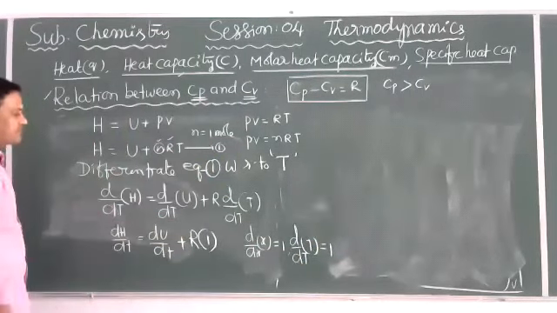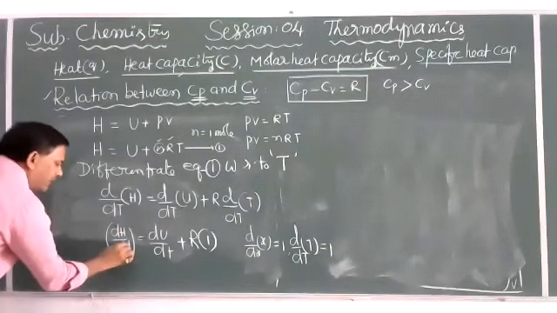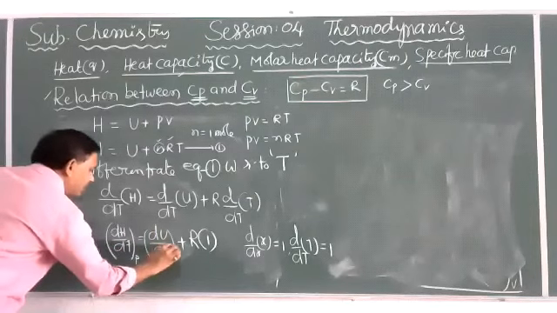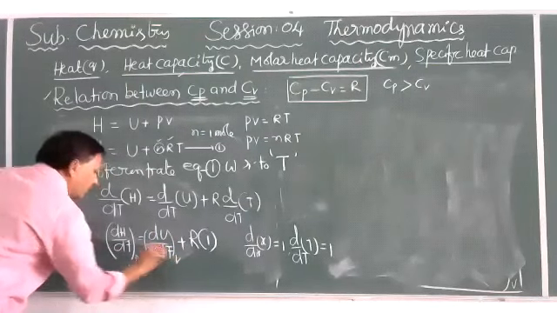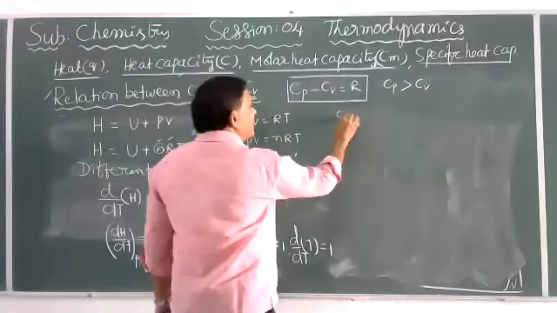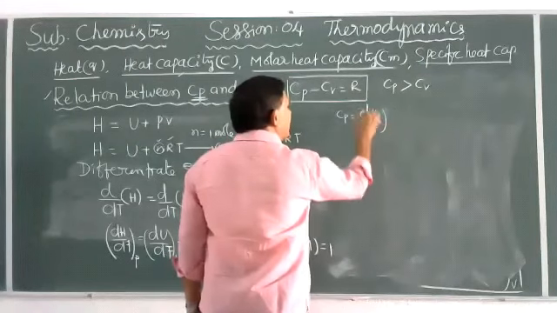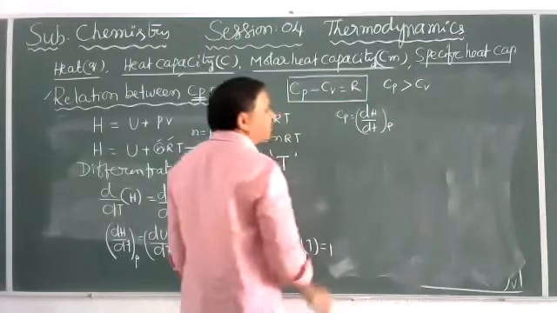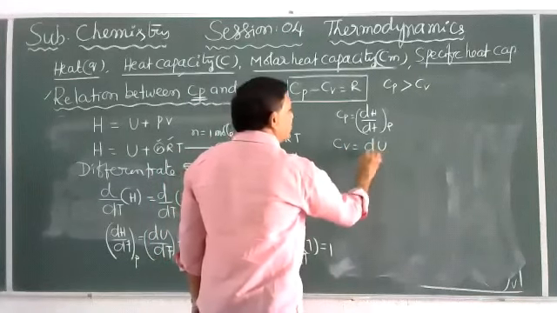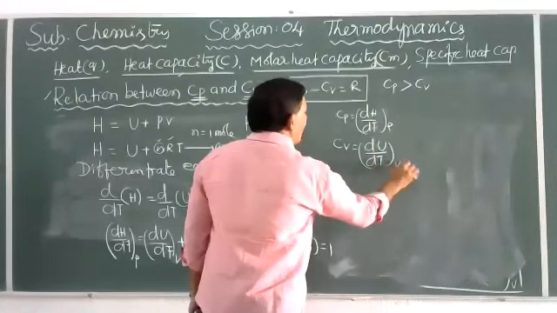We know already dH by dT at constant pressure, dU by dT at constant volume. Already here Cp is equal to dH by dT according to heat capacity at constant pressure, and here Cv is equal to dU by dT at constant volume.